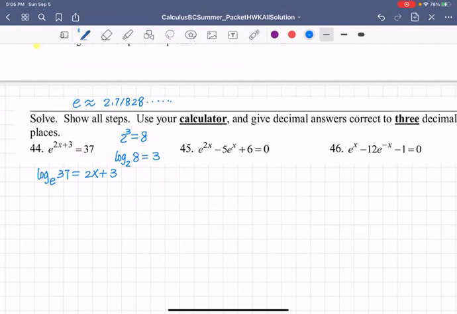In mathematics, one of the most famous formulas is called the Euler equation. Euler equation says e to the power of i pi plus 1 equals 0. In elementary school, you learned natural numbers and then whole numbers.